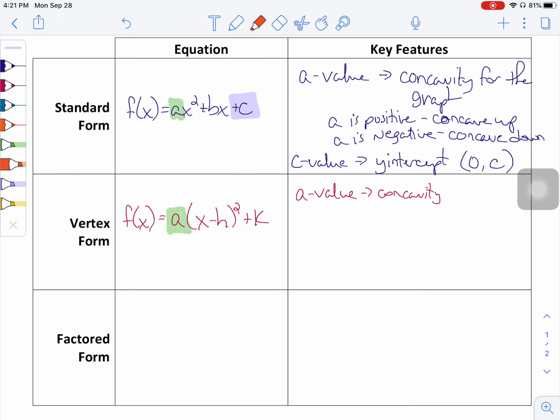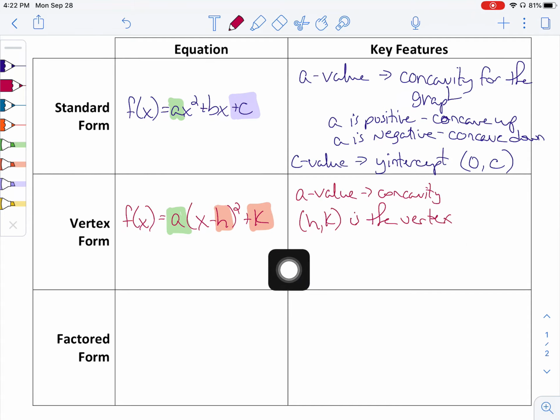This one also tells us some other information. So mathematicians, not creative. This h value right here and this k value right here are the vertex of your parabola. So (h, k) is the vertex. Now, one quick note, please note that this is x minus h, but when I wrote down the actual vertex point here, I just wrote down the positive h.